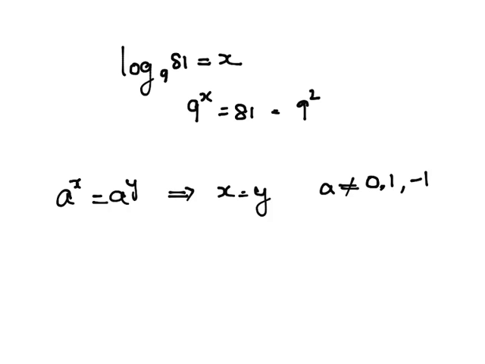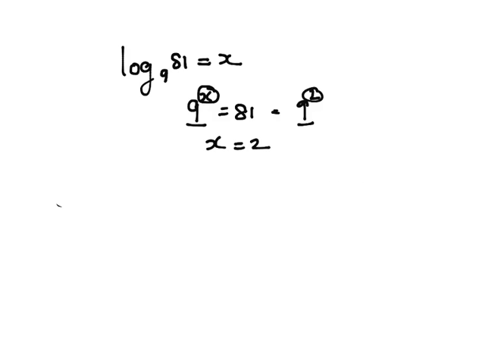Okay, so the bases are the same, so the powers are also the same. So x is 2. So log 81 to the base 9 equal to x, which is 2. So the value of log 81 to the base 9 is 2.